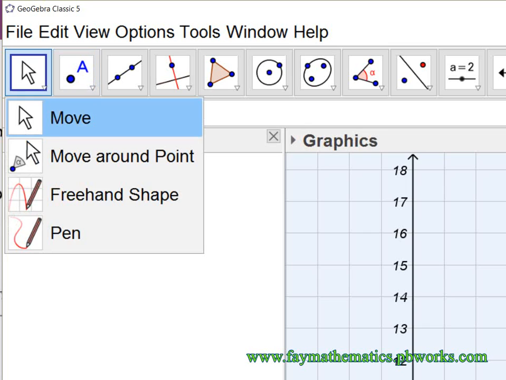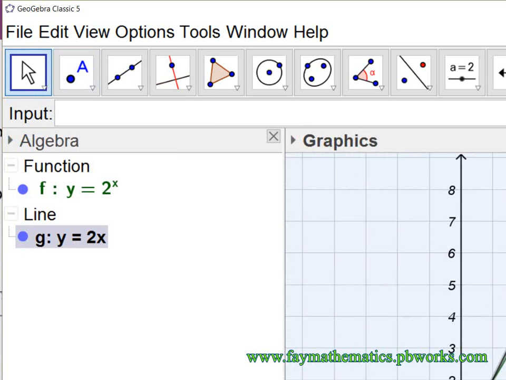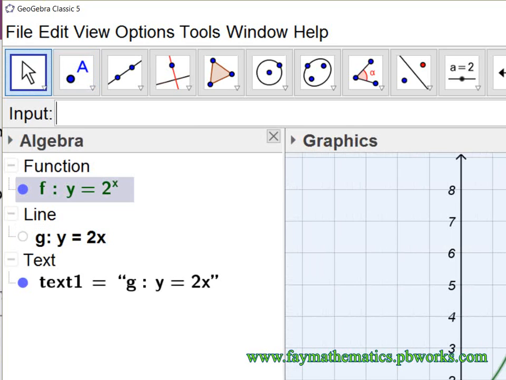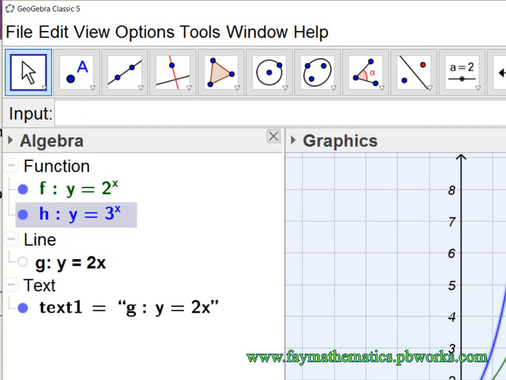So all exponentials that we're going to talk about are going to be like that green one. We can change it a little bit. If we change the base, 3 to the x looks very similar, it just gets taller faster.